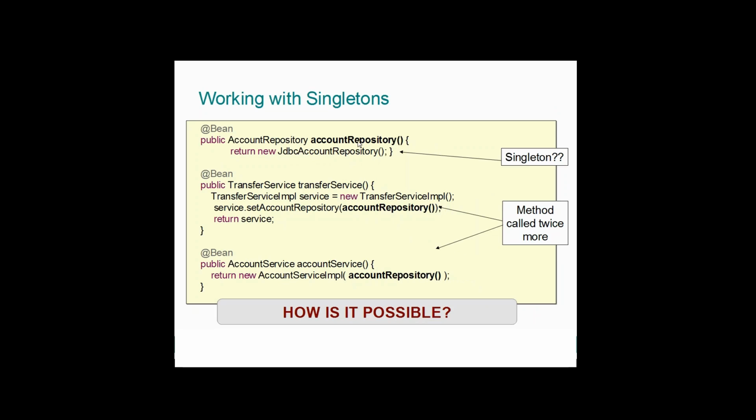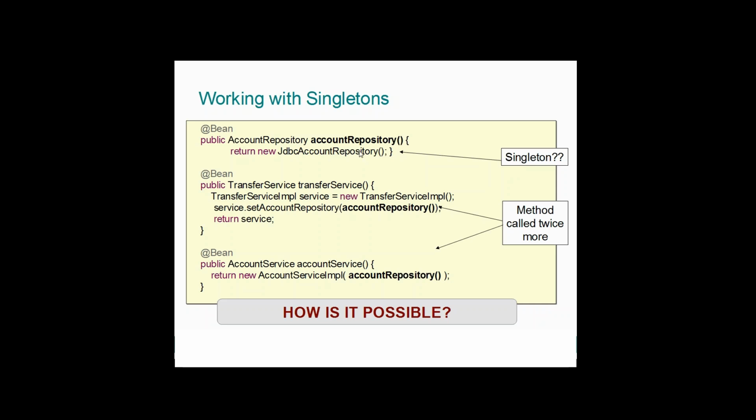When I call this, it is going to create a JDBC account repository with a new object, and the object gets returned, and that gets injected. When I'm calling account repository again, it's going to call this guy, and again a new JDBC account repository will get created, isn't it?